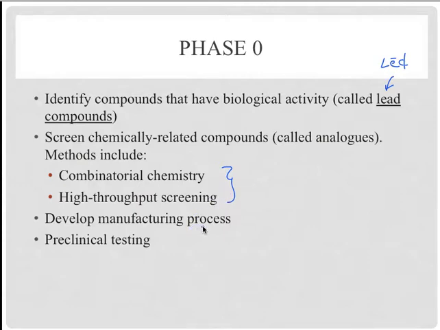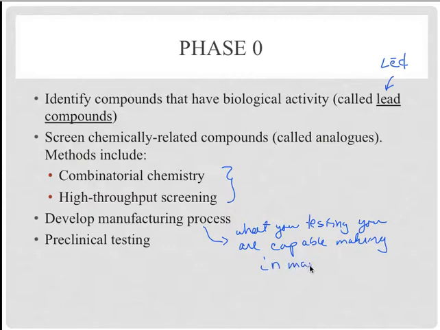You want to make sure that what you are making, or I should say what you are testing, you are capable of making in marketable quantities. The idea is to make a profit when these compounds come to market.